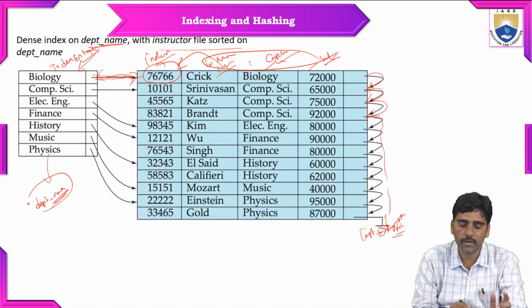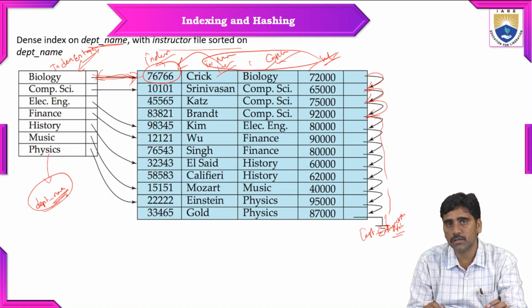So here the department name is taken as the search key value for retrieving all this name, course and salary.